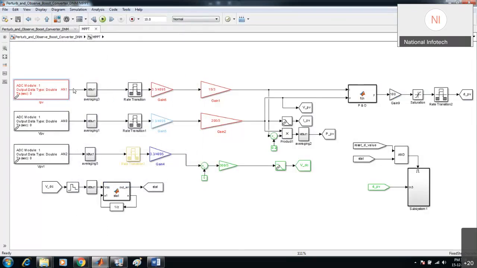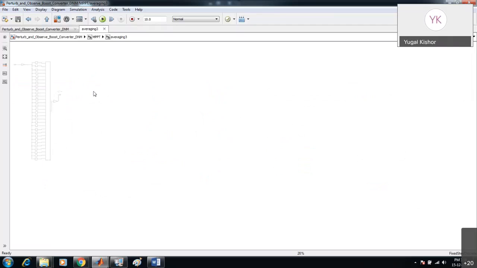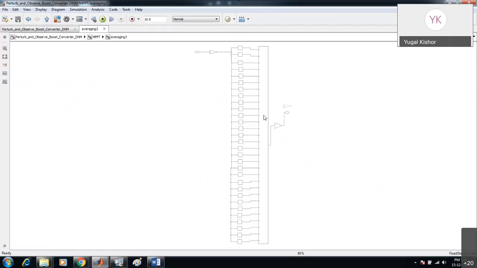Whatever current signal we get from that voltage and current sensor, we will be connecting here on the first channel of the ADC. And which block is this, Yugal sir? Averaging blocks are what we are using. Yeah, exactly. Averaging. We are taking here an average of 20, 20.